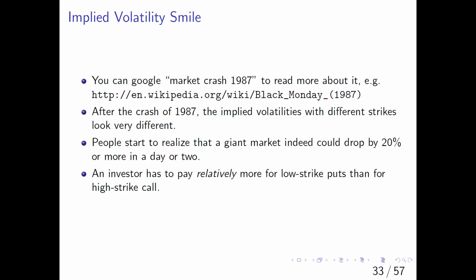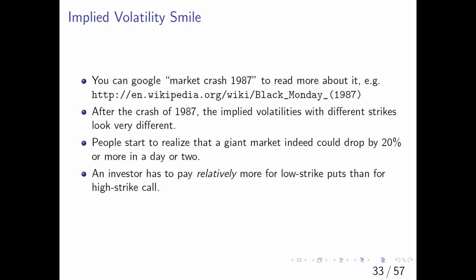So everybody wants to buy insurance by taking long positions in out-of-money puts. Relatively speaking, they push up the out-of-money put prices, and accordingly the implied volatility for out-of-money puts.